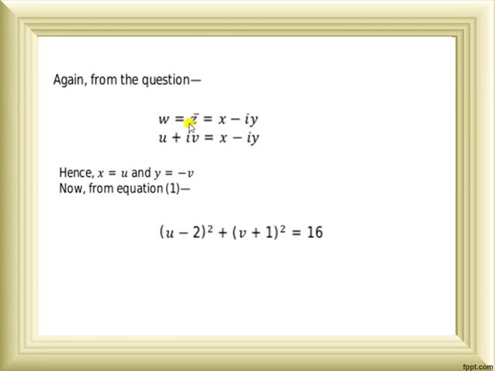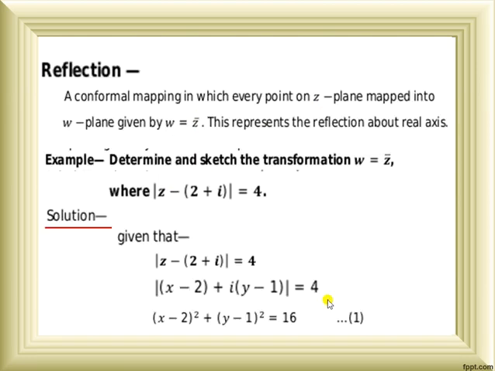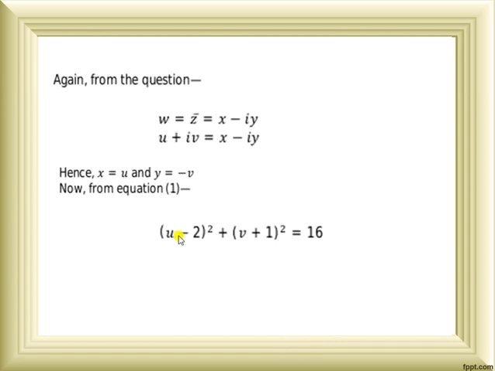Now again, they are given w is equal to z bar, which is x minus iy, and w is u plus iv. Now I'm finding the x and y values. x is equal to u and y is equal to minus v. I'm substituting this into the above equation number 1. I'll get u minus 2 the whole square plus v plus 1 the whole square is equal to 16.